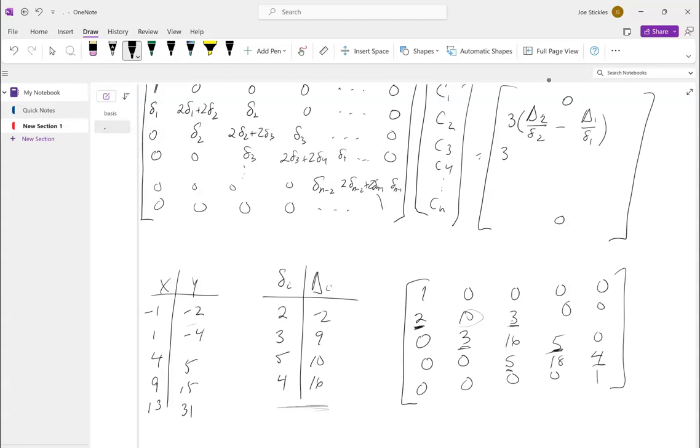So the next one would be capital delta 3 over little delta 3 minus capital delta 2 over little delta 2, and so on down the line. The very last one will be capital delta n minus 1 over little delta n minus 1, and then the n minus 2's here.